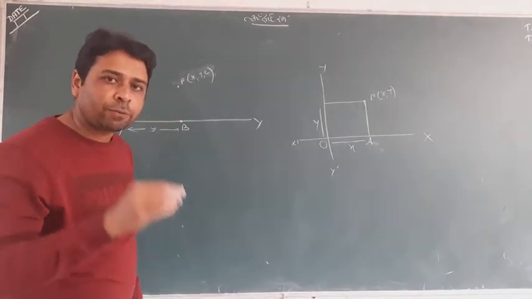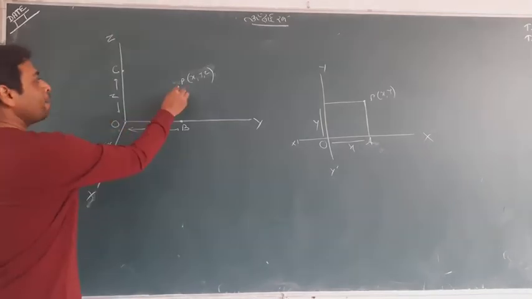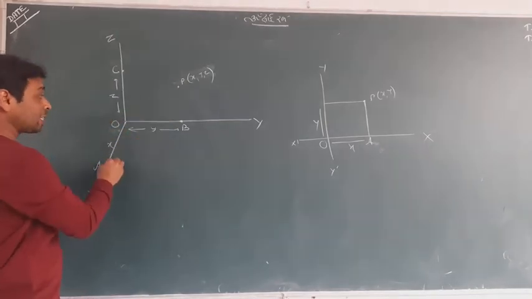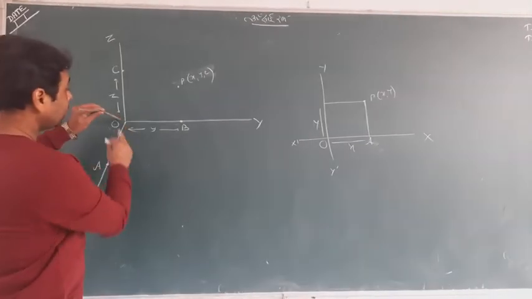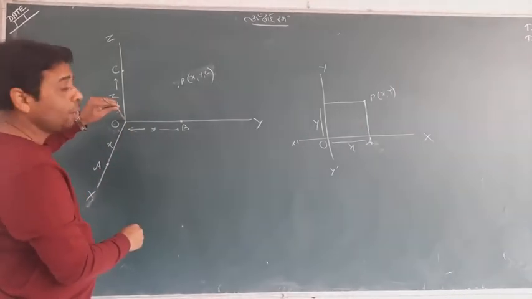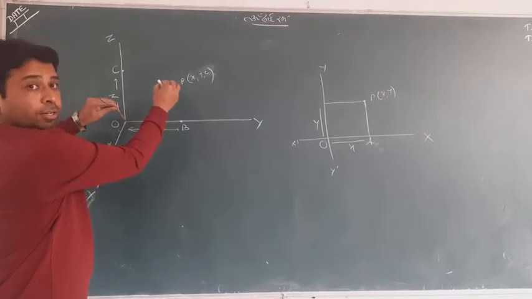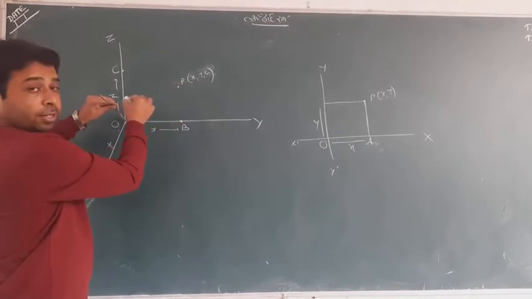What? Perpendicular from the point to the x-axis. But very strange, I'm telling you that this is the x-axis here. The P is not here, actually P is here. You drew the perpendicular like that.